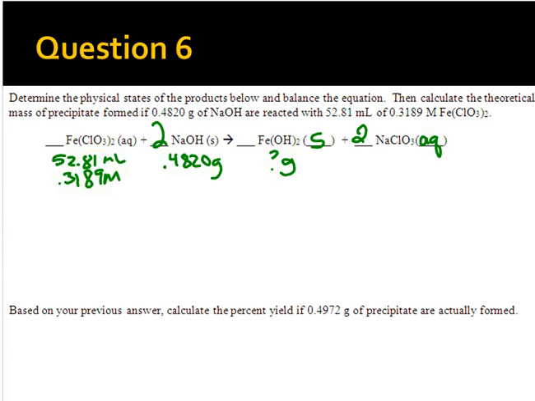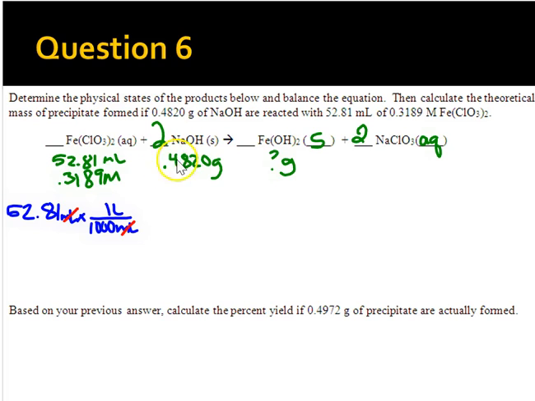Step number 1 is take what you're given, convert it to moles. Hopefully by now you are very comfortable doing this for an aqueous solution. I'm going to start out with my volume of 52.81 milliliters. First I have to convert that into liters. There are 1,000 milliliters for every 1 liter, so my milliliters cancel out.